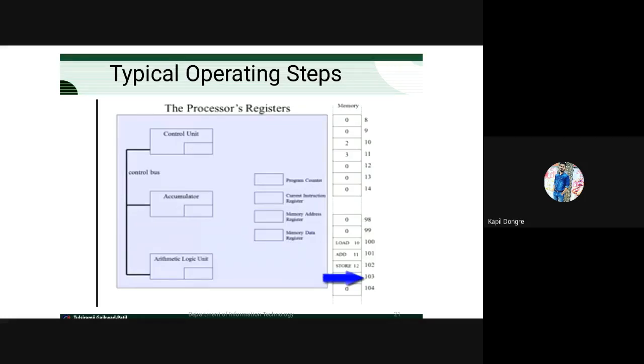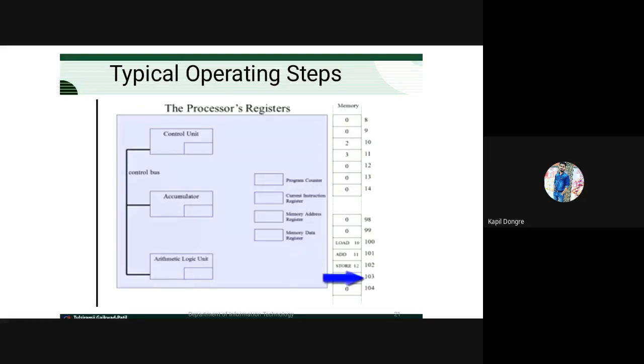It is performed with the help of the program counter, instruction register, instruction interpreter, accumulator, control unit, and arithmetic and logic unit.